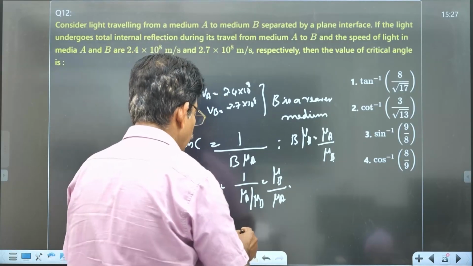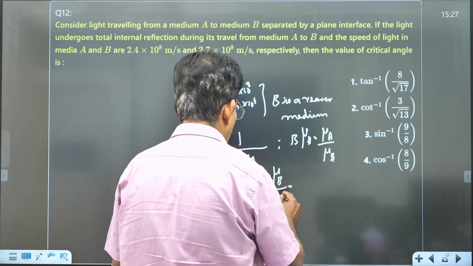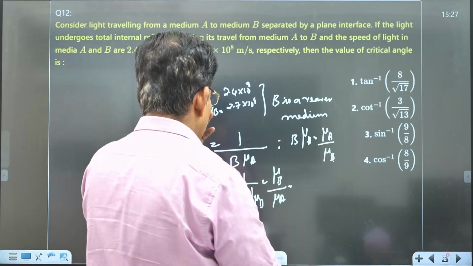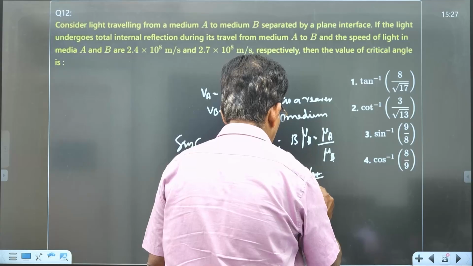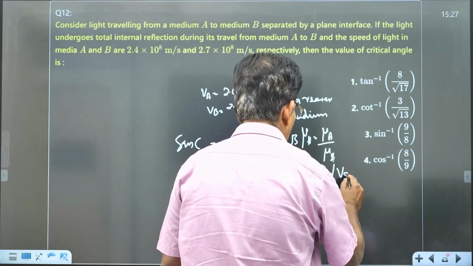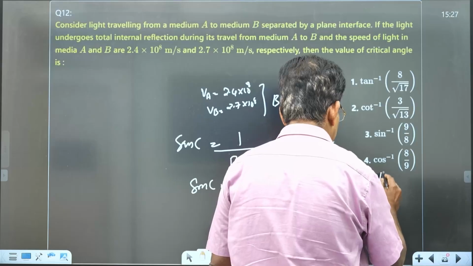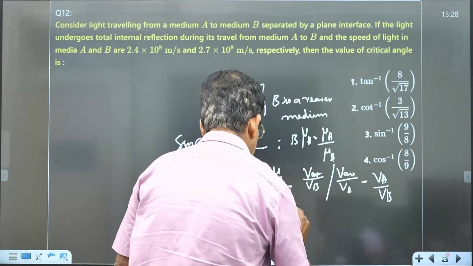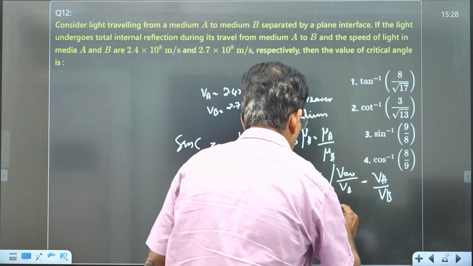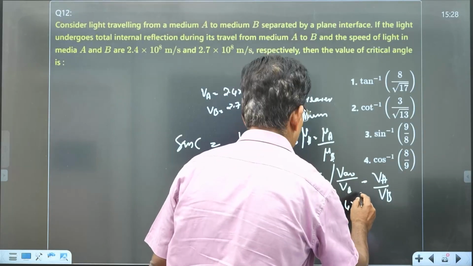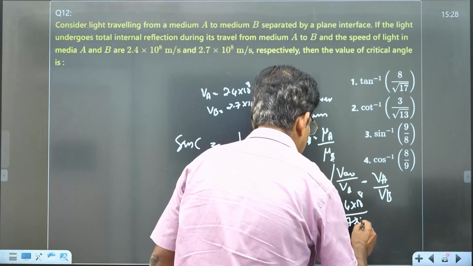So sin C is equal to mu B by mu A. Refractive index of B will be velocity in air divided by velocity in B, divided by velocity in air divided by velocity in A. Velocity in air gets cancelled, so it is velocity in A by velocity in B. That is sin C. A is a denser medium where velocity is less, 2.4 into 10 to the power of 8, divided by velocity in B, rarer medium, where speed is more, 2.7 into 10 to the power of 8.